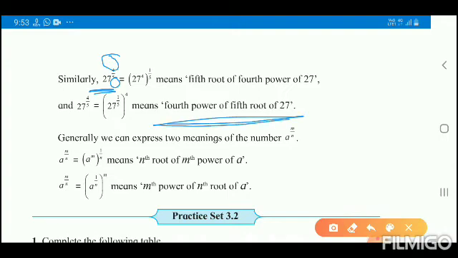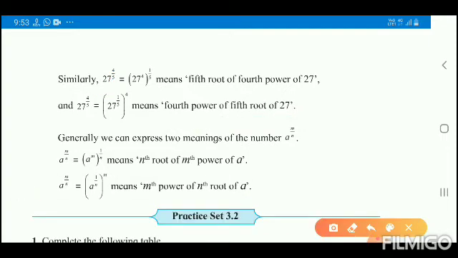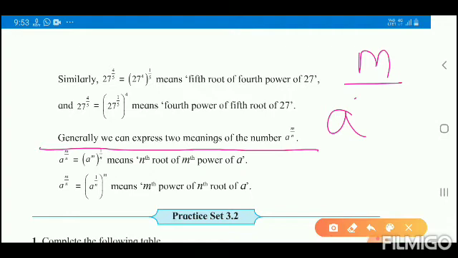Okay, generally we can express two meanings of the number. First of all you can write it in the form of root and you can also write it in the form of power. So the general form of these numbers is given: generally we can express two meanings of the number a raised to m upon n. Keep in mind m is the index and n is the root.